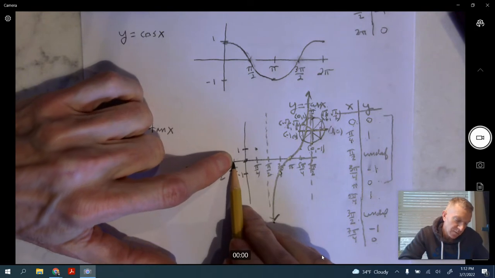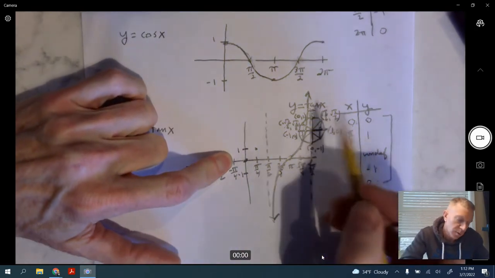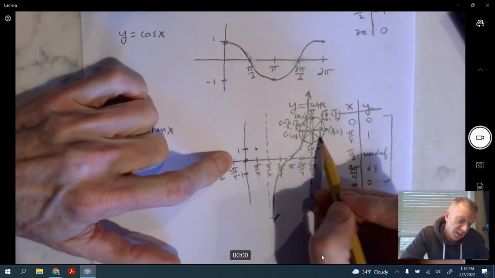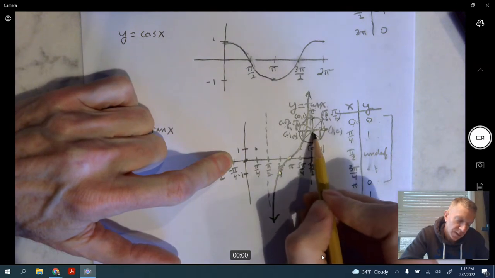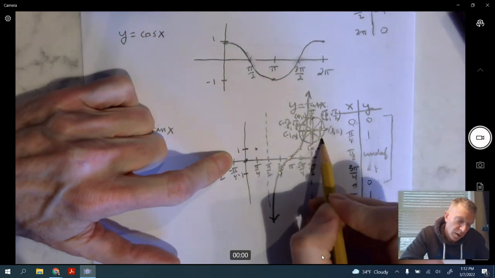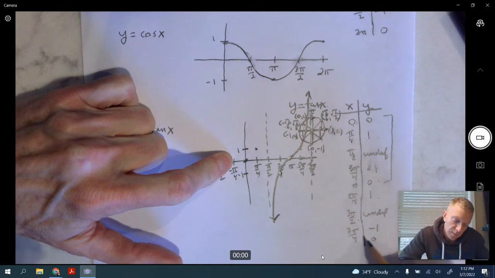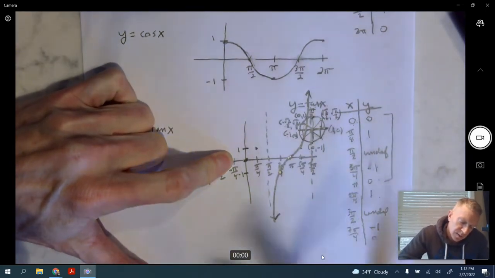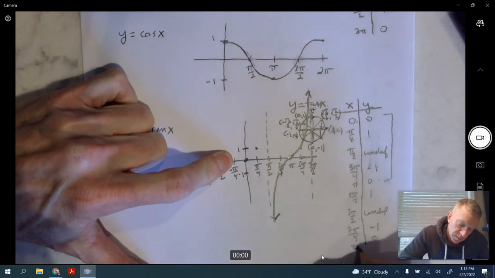At negative pi over 4, we didn't put that in our table, but looking at this, at negative pi over 4, that's going to be down here. Okay, it's same as 7 pi over 4, where the y value was negative 1. Sorry, this 0 down here. Let me finish that off. That's 2 pi comma 0.